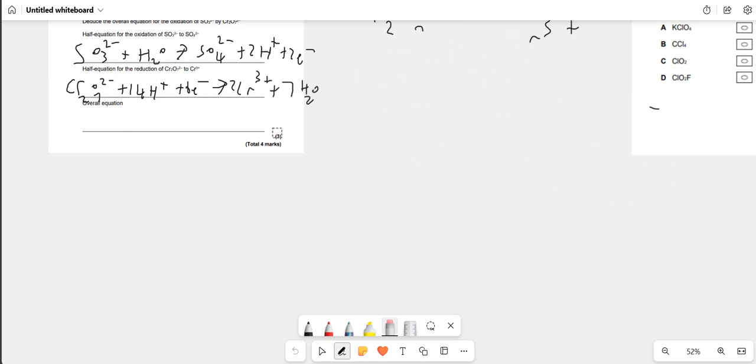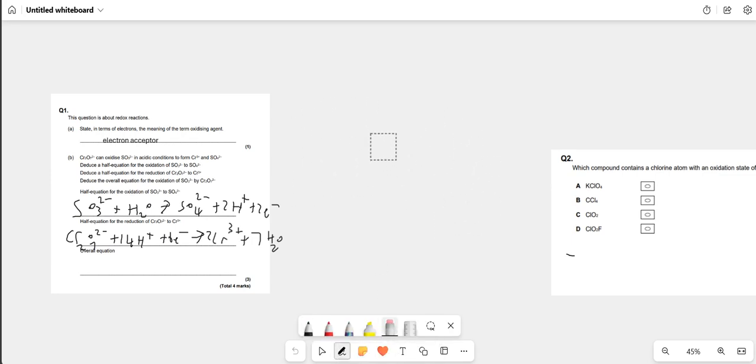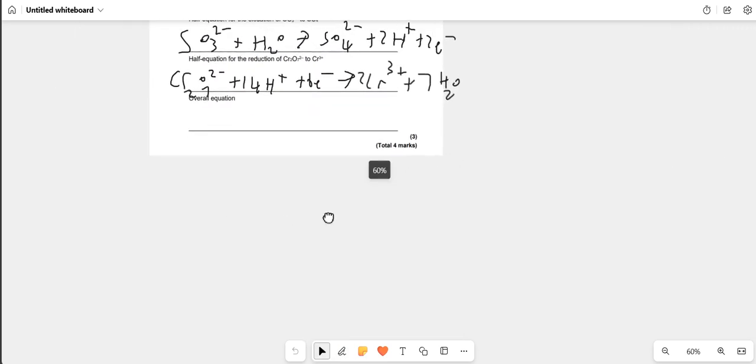And now I need to write the overall equation. That's the part that people find tricky. So I've got these two equations here. To write the overall equation, just write both equations on top of each other.